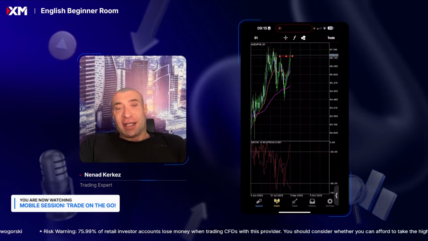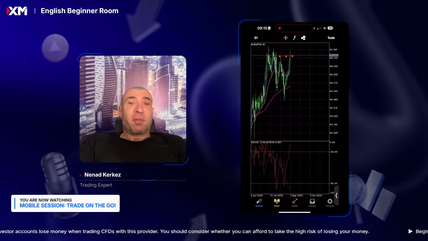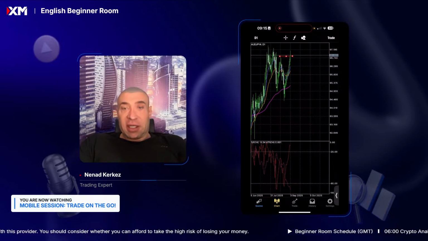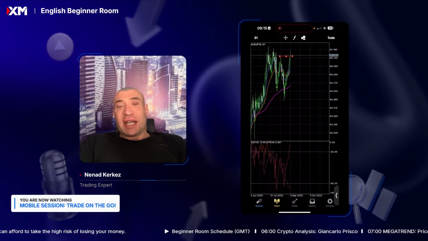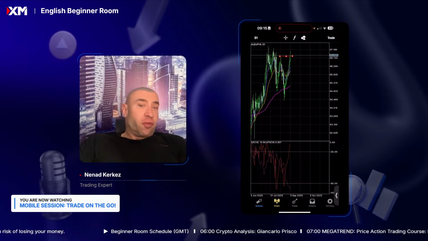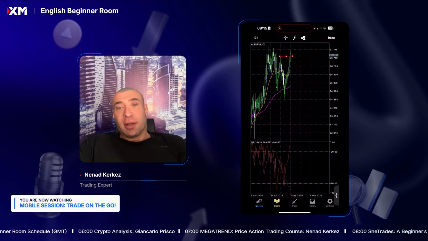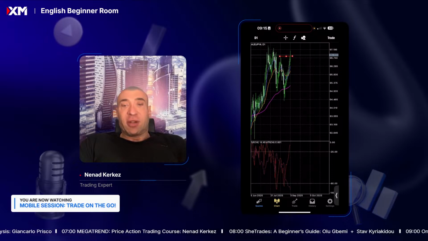The more volatile the market is, the higher our pip count will be. So we will take more pips, right? Because the percentage is the same. 20% for London session, let's say 30 to 50% for US session. But you see, the range is different.